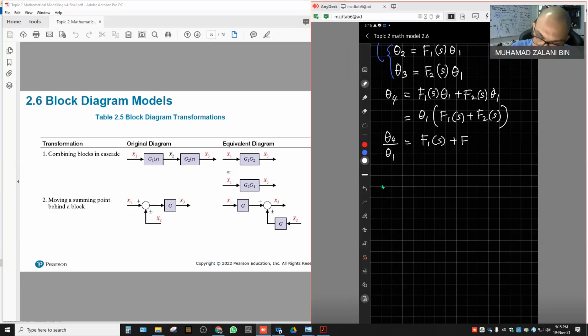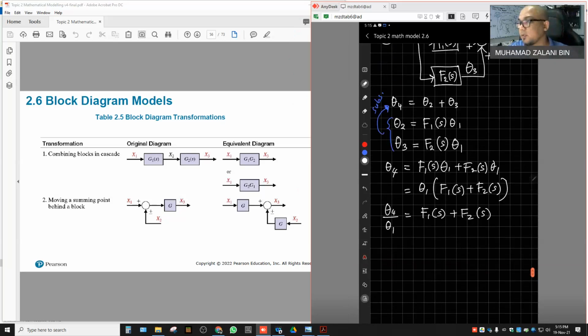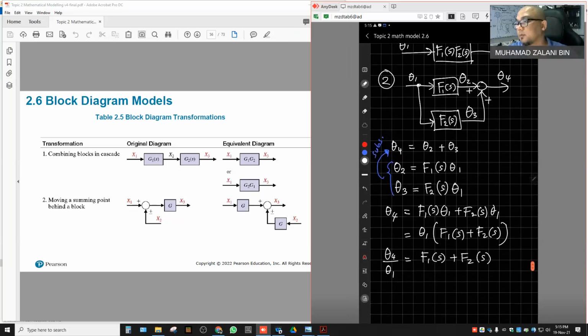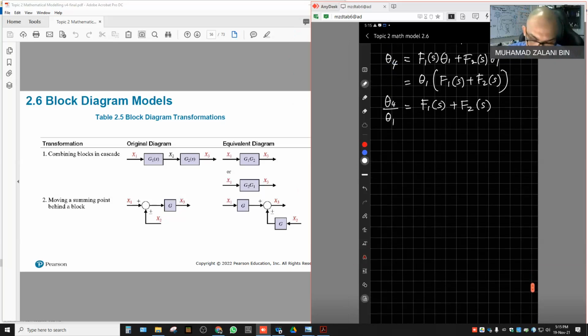Okay, F1S plus F2S. So we can again draw the parallel block as what we see earlier. This parallel block, I can redraw by taking the relationship of theta 4 divided by theta 1.